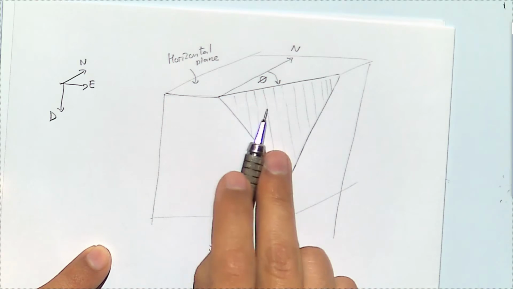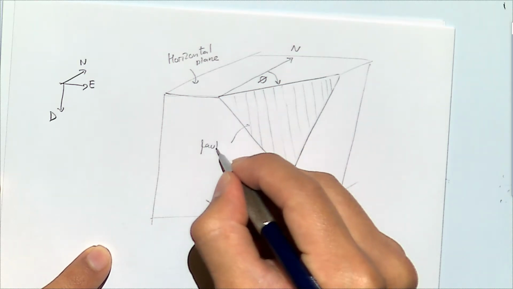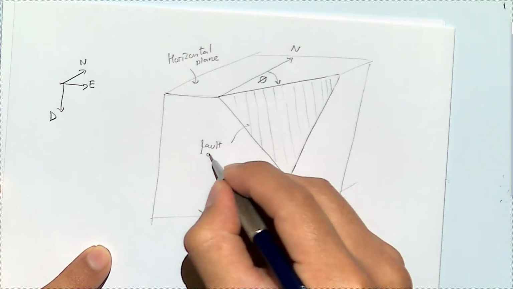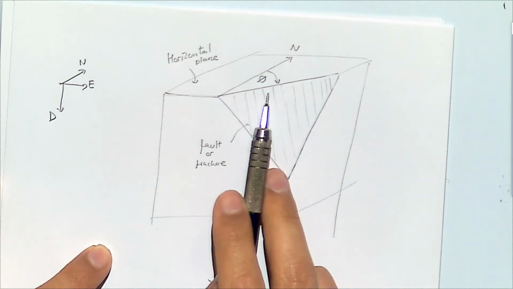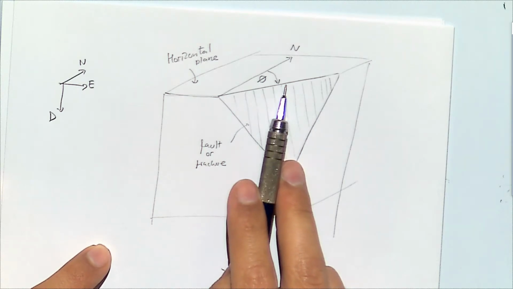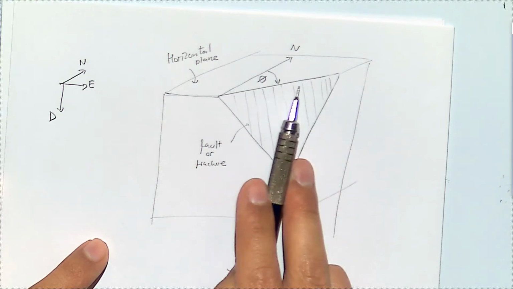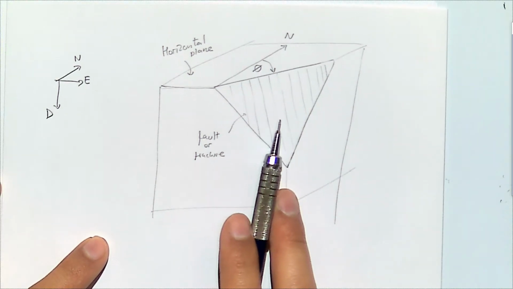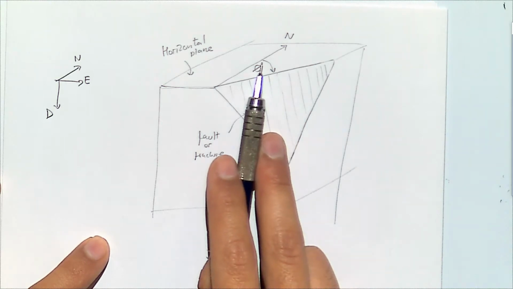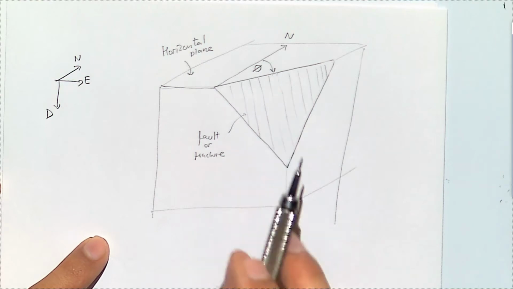And this is our fault, or in general, fracture. Again, this line, which is the line of strike, is going to be the intersection between a horizontal plane and the plane of the fault. And the angle between the north and that line is the angle of strike.